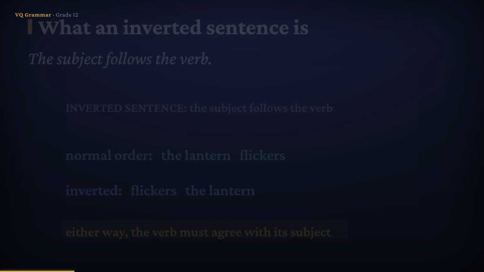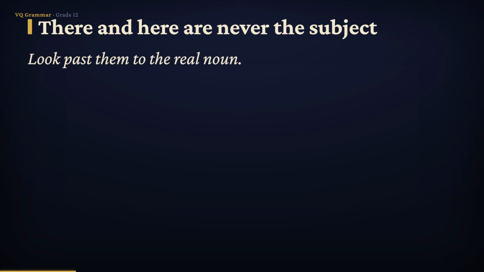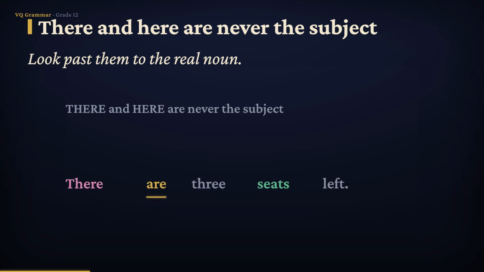the verb to it. Now let's meet the most common inverted sentences of all, the ones that begin with there or here. Here's the rule to lock in. There and here are never the subject. They're just signal words that shove the real subject over to the far side of the verb. Take this sentence. There are 3 seats left.